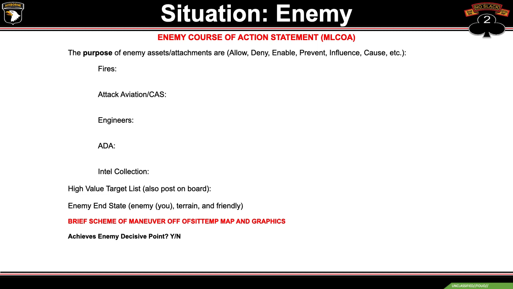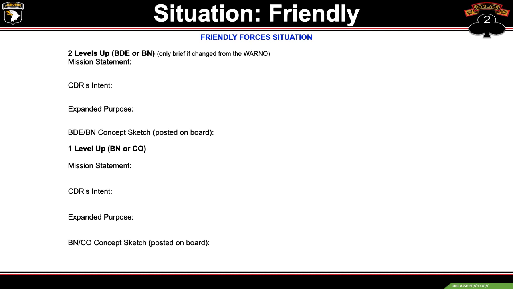So now that we have a good understanding of the enemy, we go into the friendly situation. Still in the situation paragraph, but now we're in the friendly subparagraph. This is us talking about the mission statement two levels up. Since we are a battalion level asset, it's important for us to know the brigade and the battalion mission statement. For us, we would need to know the brigade mission and what the brigade commander's intent is, the purpose, and generally understand where all the friendly assets are moving around.